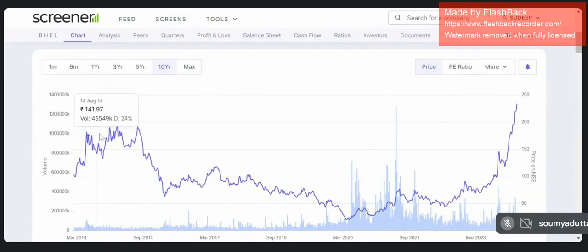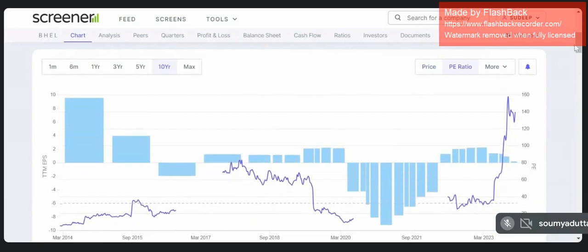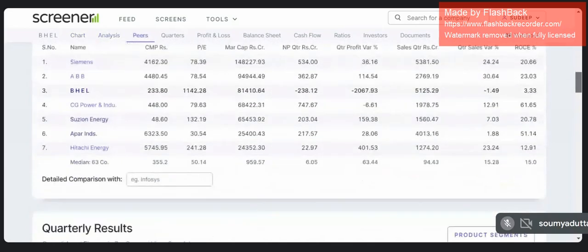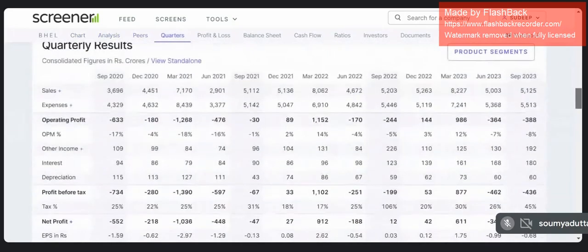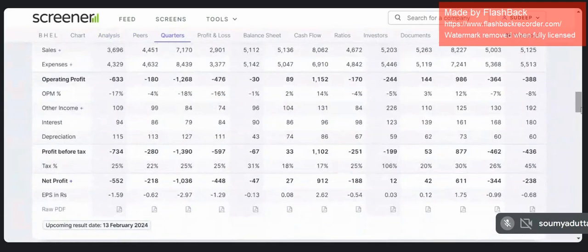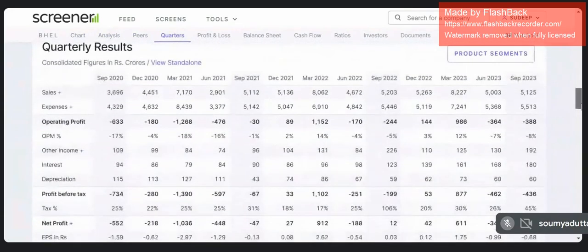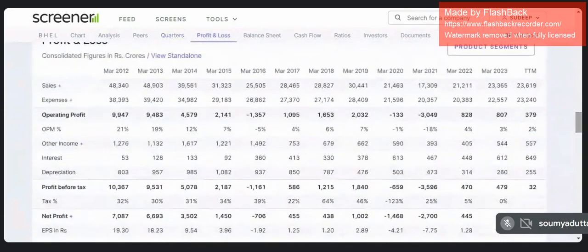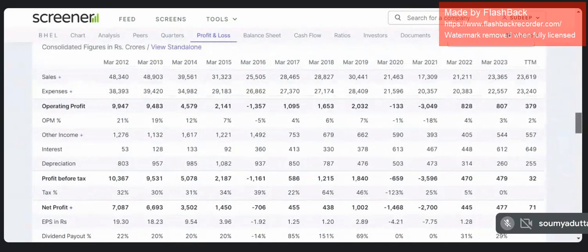See, in 2014 also BHEL reached here. Again it reached here also. Anything can happen. But every day, these people are getting thousands of crores of orders. So is that what is running the price? That is what it is. But now it has turned into, probably, a turnover company.